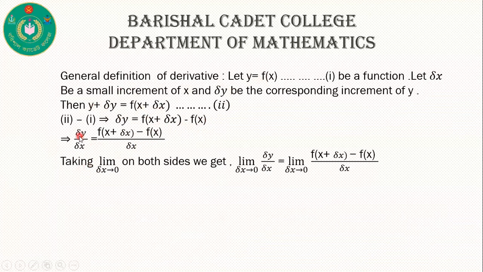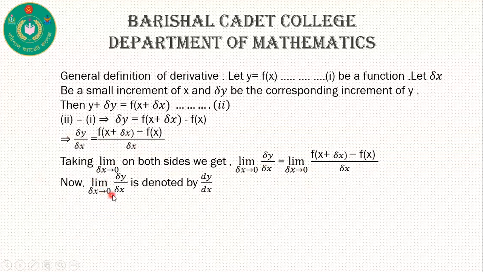Now taking limit del x tends to 0 on both sides. That means here limit del x tends to 0 and here limit del x tends to 0. Then we get limit del x tends to 0 del y by del x is equal to limit del x tends to 0 f of x plus del x minus f of x by del x.